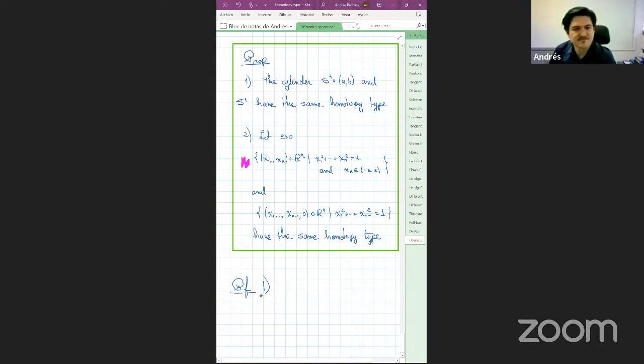So let's say that A is less than 0 and less than B. So I need functions here.